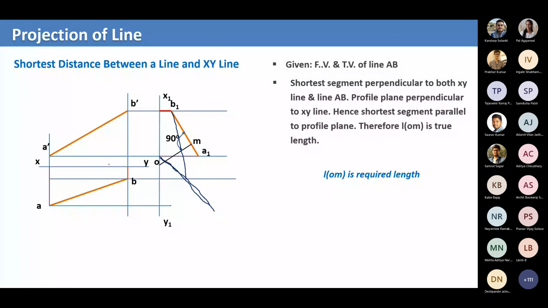Just imagine you have the 3D coordinate axes x, y, z, and you took the projections and brought the 3D onto 2D x, y. Now where is the z axis? It is at the origin, right?